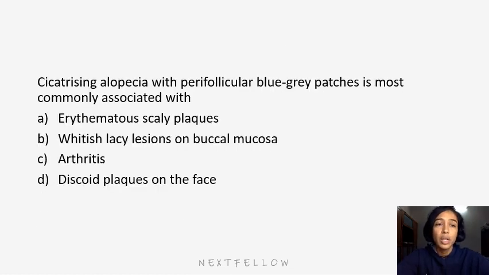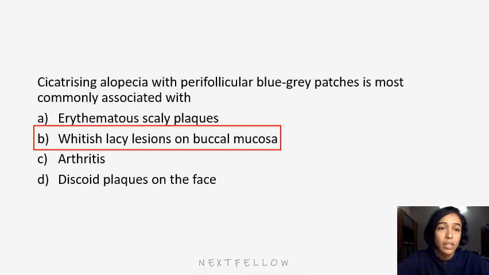So next question. Cicatrizing alopecia, that means scarring alopecia, with perifollicular blue-gray patches is most commonly associated with: erythematous scaly plaques, whitish lacy lesions on buccal mucosa, arthritis, or discoid plaques on the face. The answer would be the Wickham's striae, which they're talking about, of lichen planus.